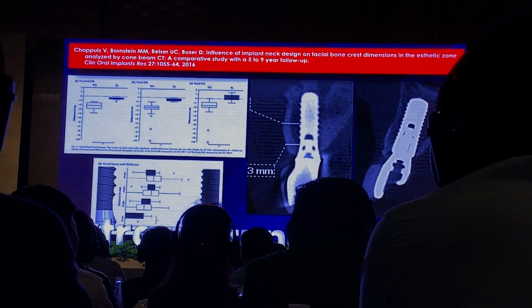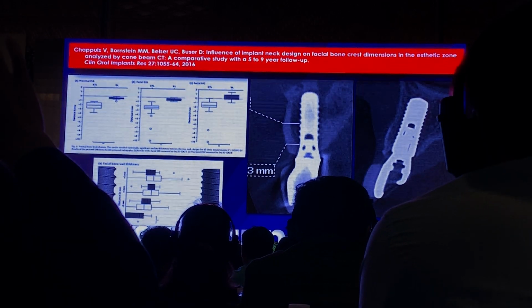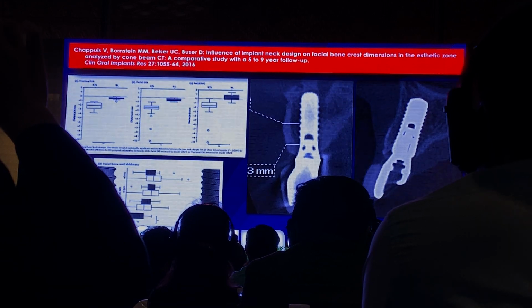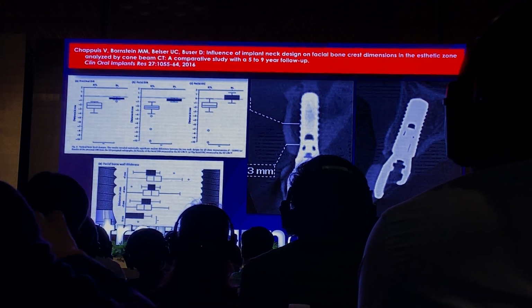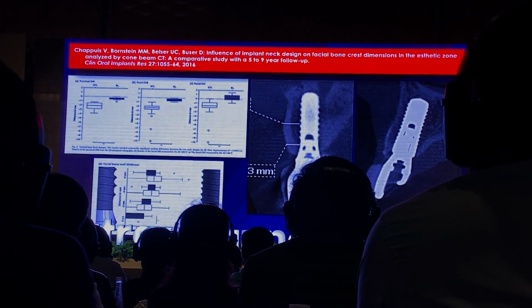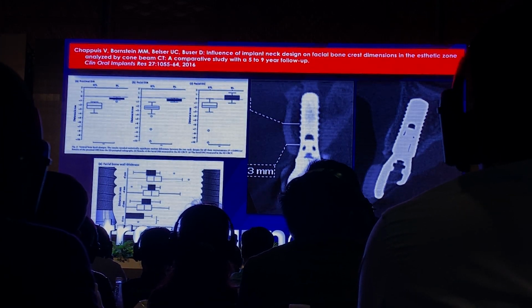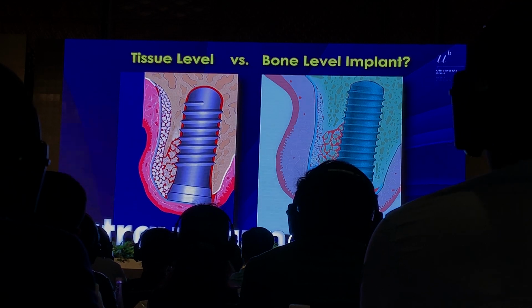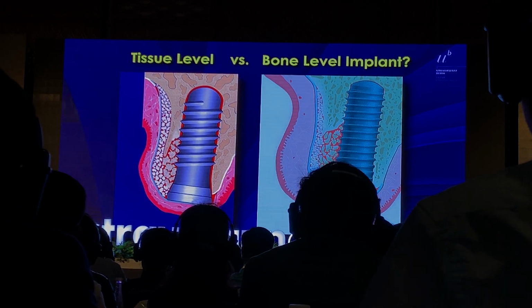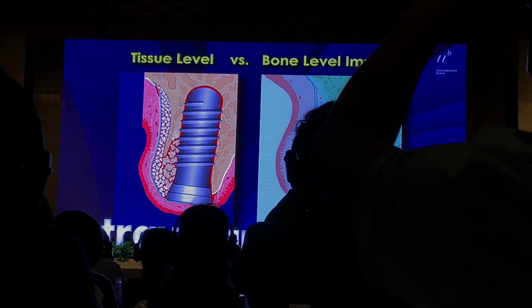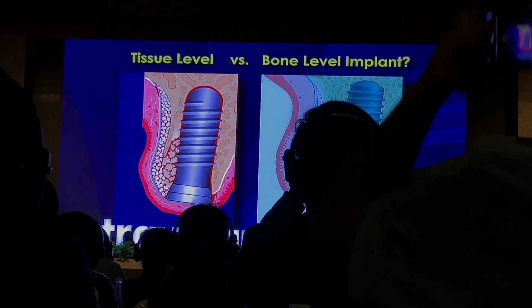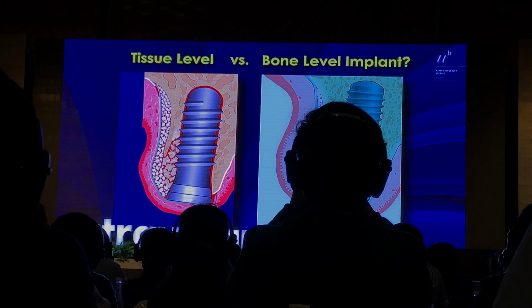So that's why we have a preference for bone level implants for aesthetic single tooth replacement from first premolar to first premolar. It's about 20% of patients. Good. When we do bone augmentation in these sites, you see this is a tissue level implant with a 1.5 millimeter healing cap.